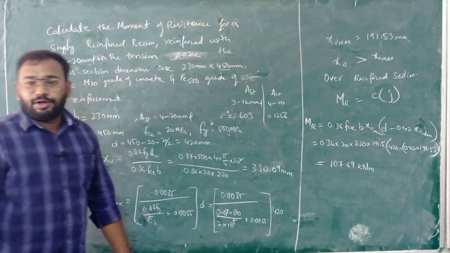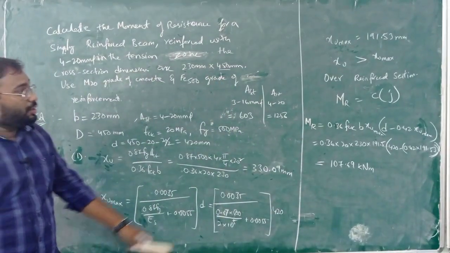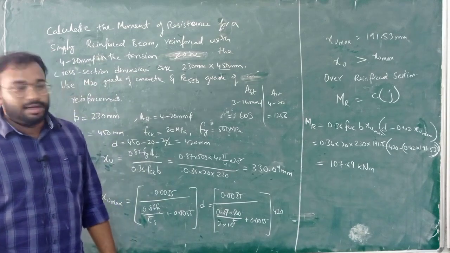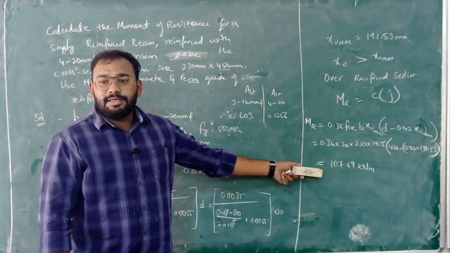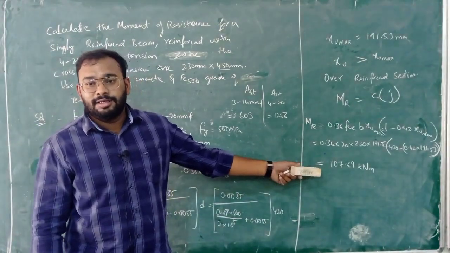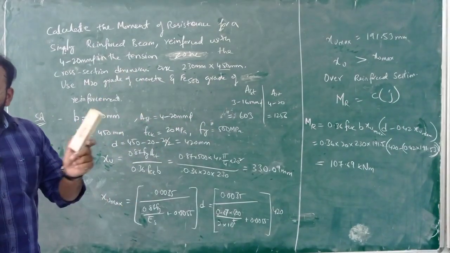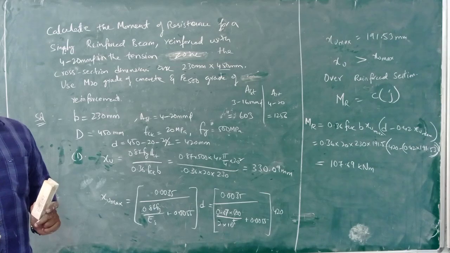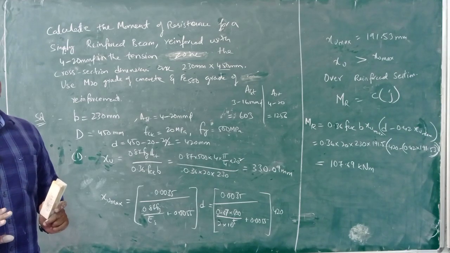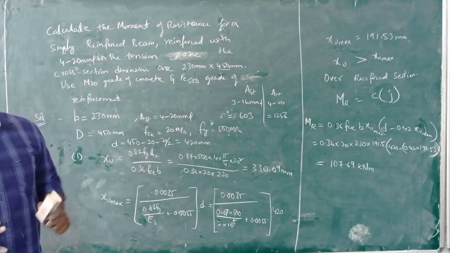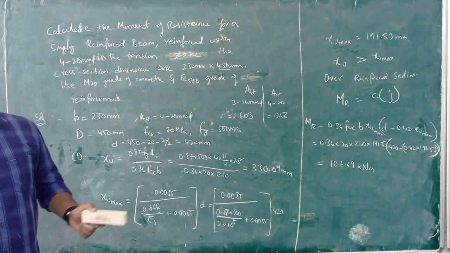So tell me what is the answer for this one? 107.69 kilonewton meter. See here what is happening. Previously we took only 3 bars of 16 mm diameter, and how much moment we got? 93 kilonewton meter.